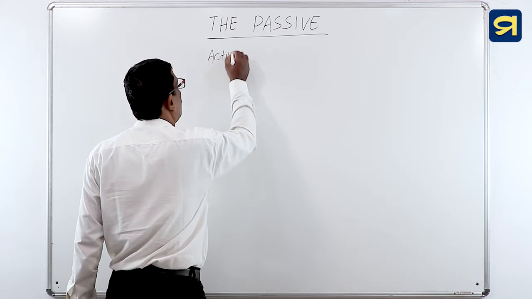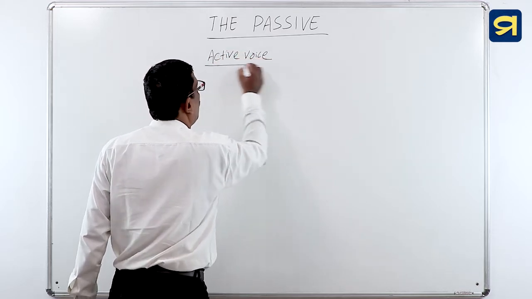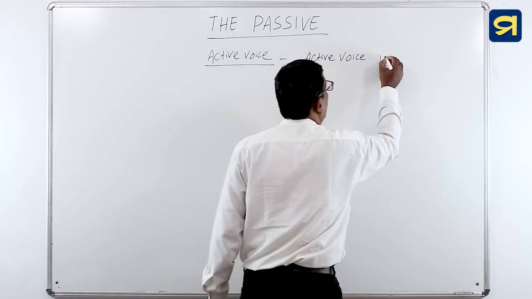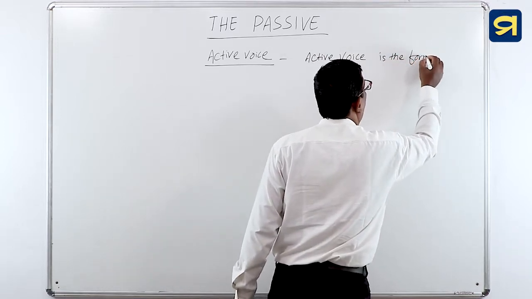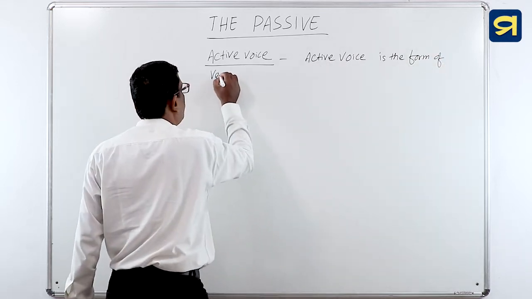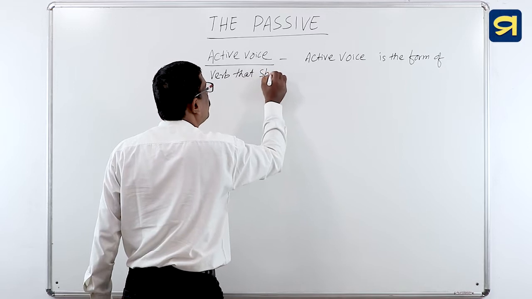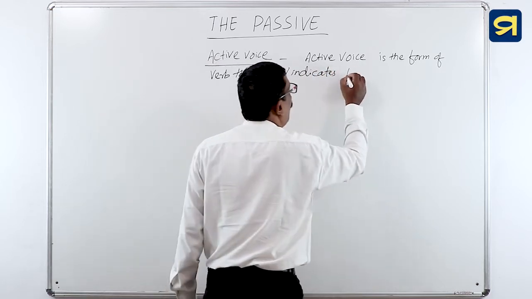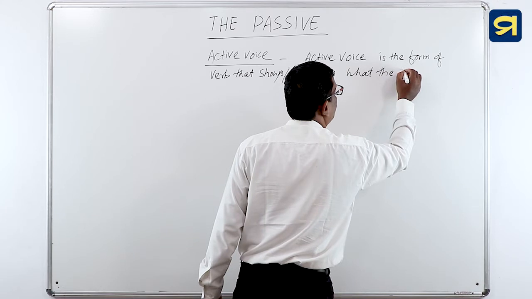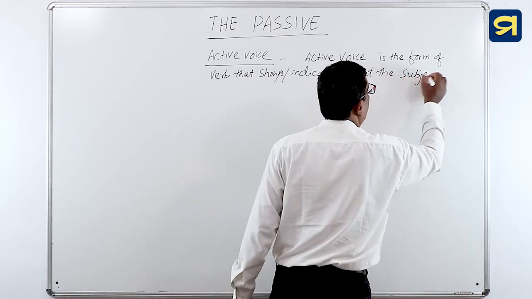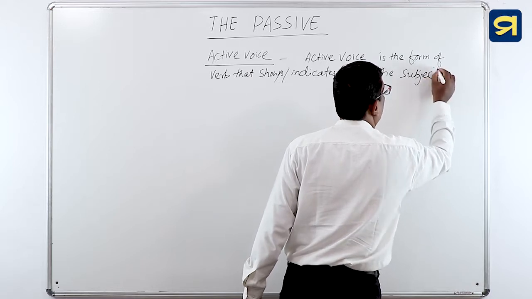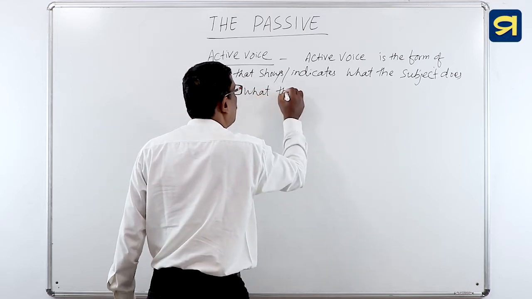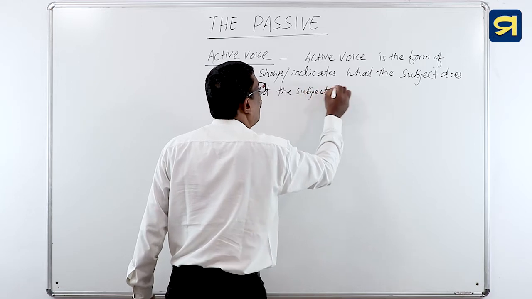Active voice. Active voice is the form of verb that shows or indicates what the subject does or what the subject has done.